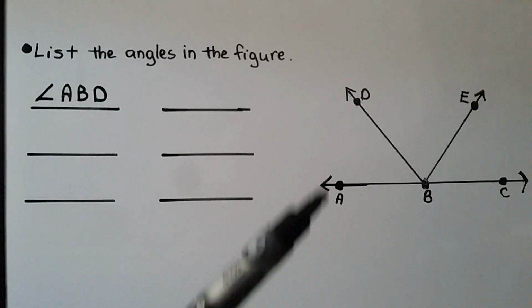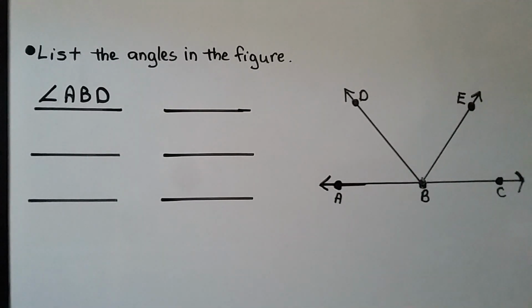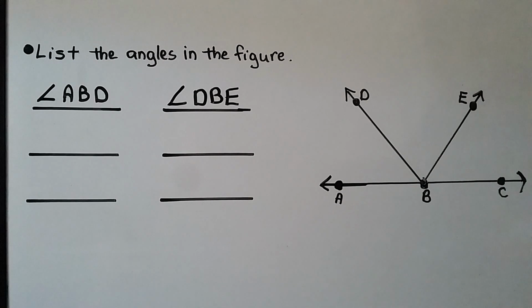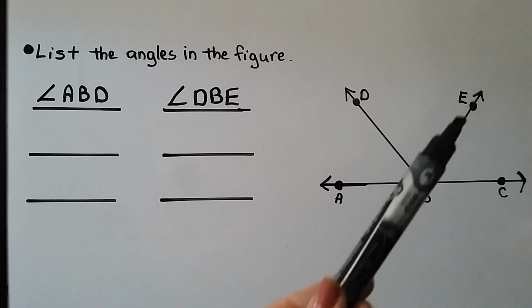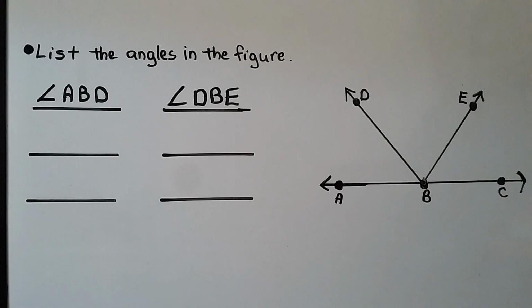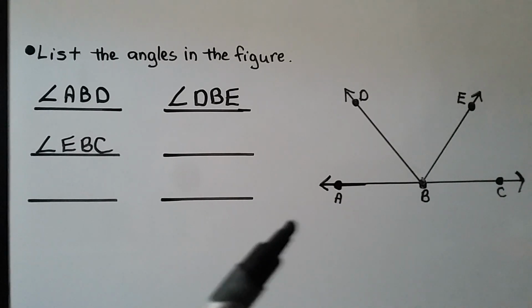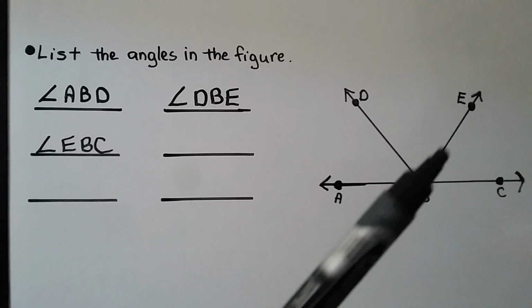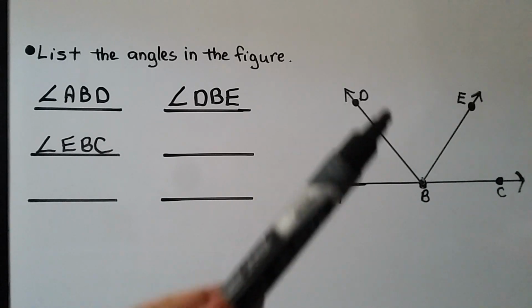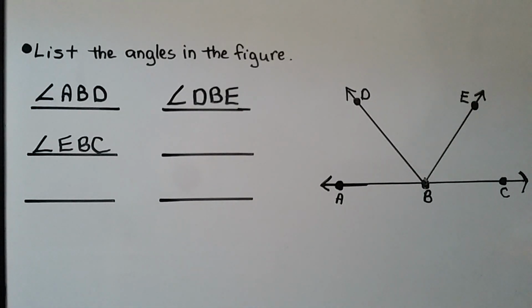We can list angle DBE with B as the vertex. We can list angle EBC with B as a vertex. Do you see other angles? We actually have angle ABE. If we ignore this ray, we have an angle ABE here with B as a vertex.